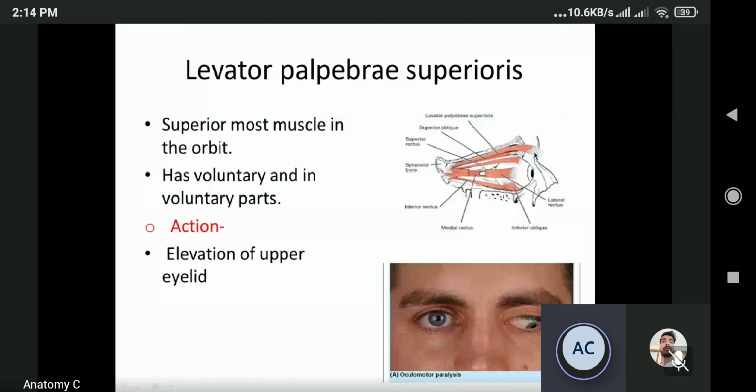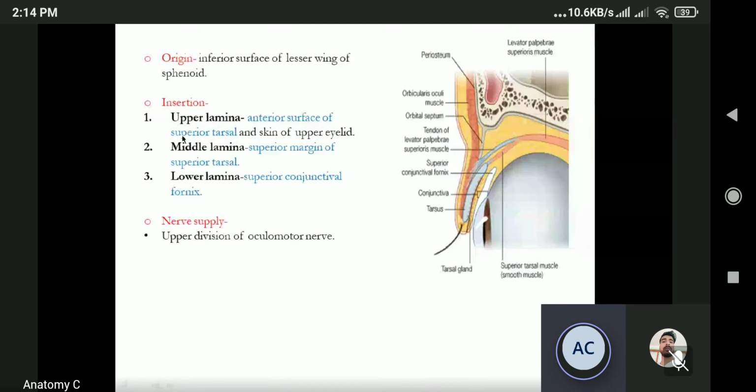Now it is divided into 3 laminae. Its origin is the inferior surface of the lesser wing of the sphenoid. Please remember this; the levator palpebrae superioris muscle is very important.